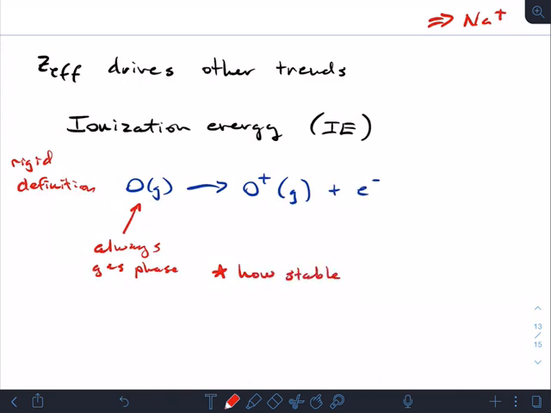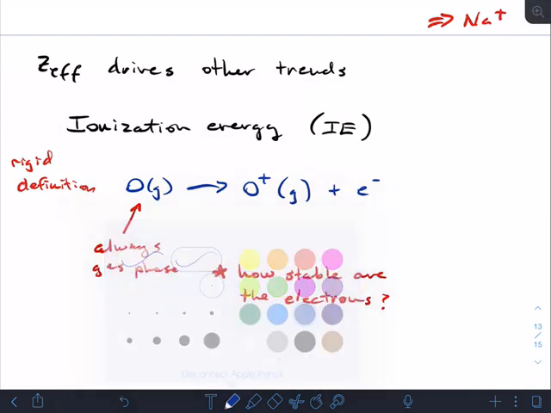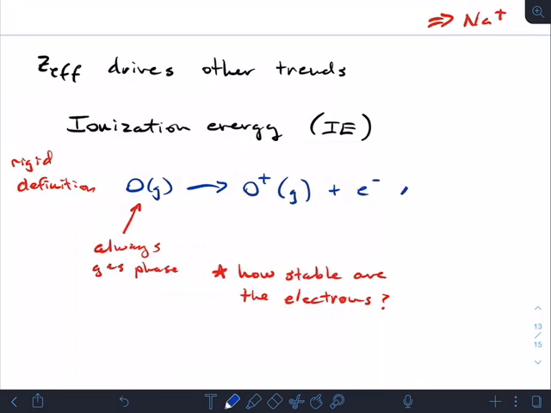And the important thing about this is, how stable are the electrons? That's the big important question to determining ionization energy.